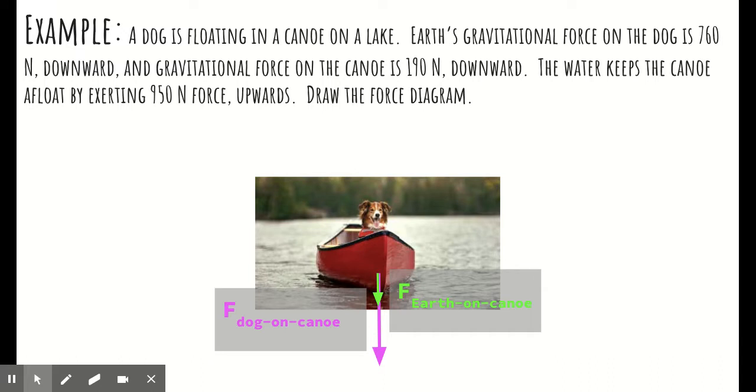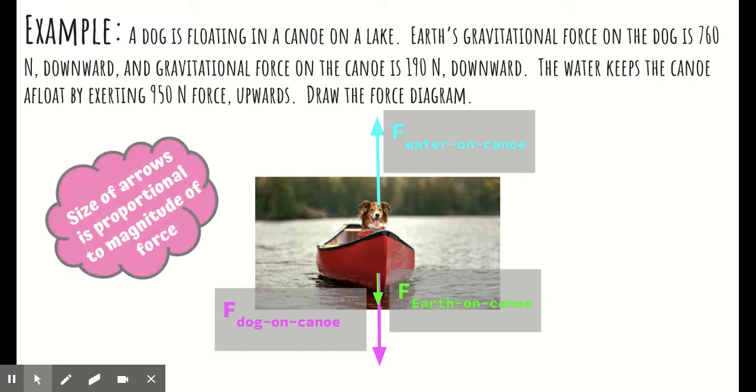So this is why it's really important to label these and get the correct subscript notation. So then we have the normal force of the water, or the buoyant force, pushing everything up. That's going to be a total force of 950 newtons. So the size of the arrows is going to be proportional to the magnitude of the force, which makes sense here.